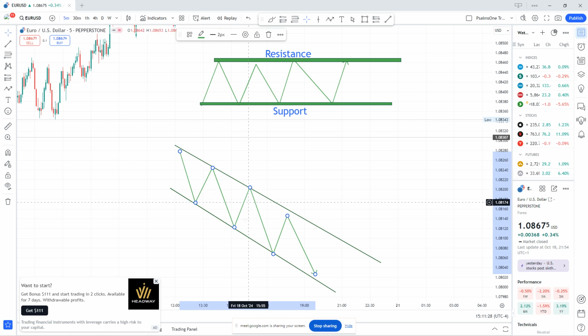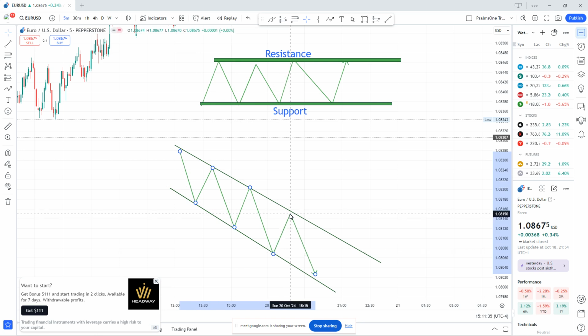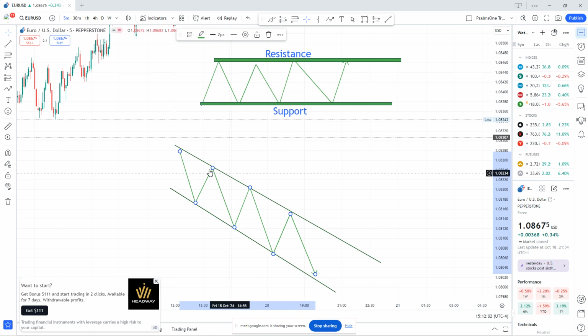Here people found the price very cheap to buy from, so they kept buying at this price. So this is the diagonal form for support and resistance.